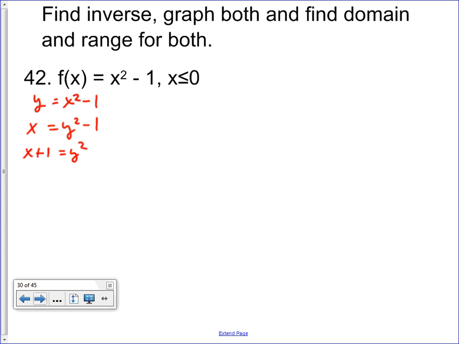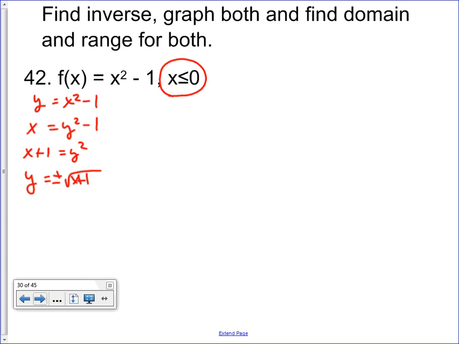And I'm solving for y, so I'm going to take the square root of both sides. Now, I'm going to switch sides as I'm doing it. Y equals, and the square root of this, yes, there'll be a positive and a negative, okay? But we have a domain up here that's going to determine which part of that, the plus or the minus piece, we use.